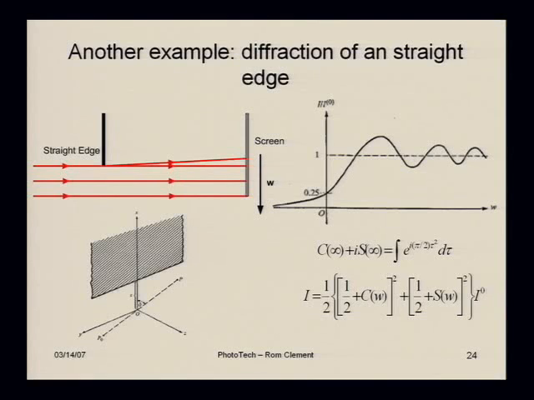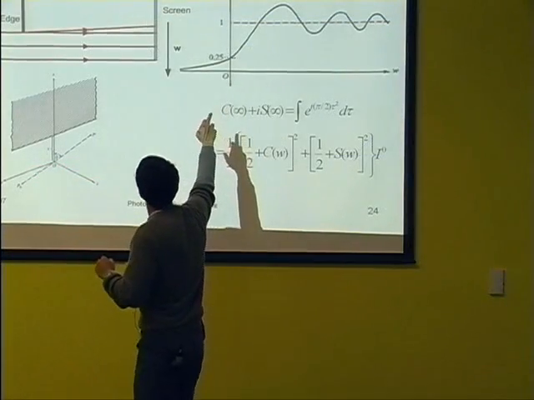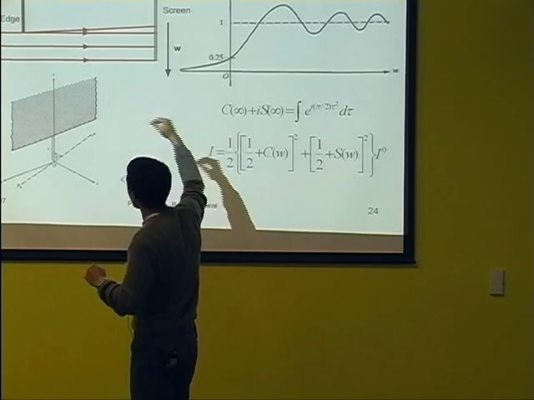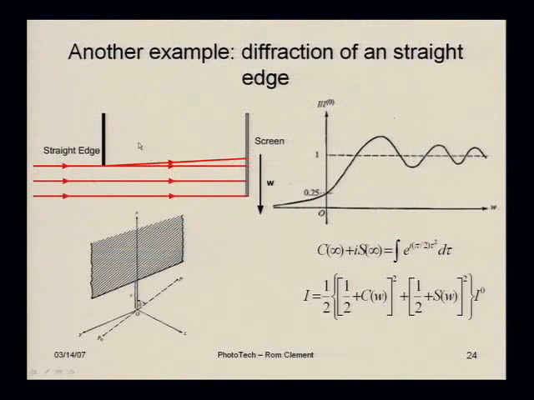But if I go down my screen, my intensity of light will increase, so I will have some light behind my straight edge. Right here, as seen on the curve, I will have 25% of the light, and then a certain oscillation of the intensity, and then it converges to 1.